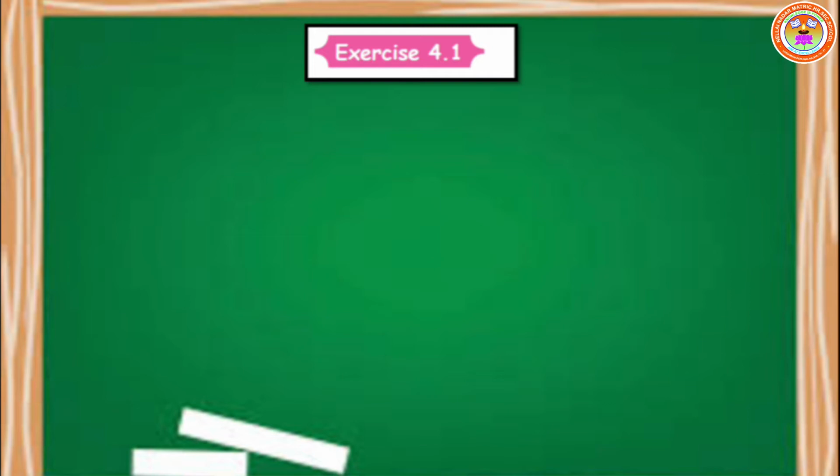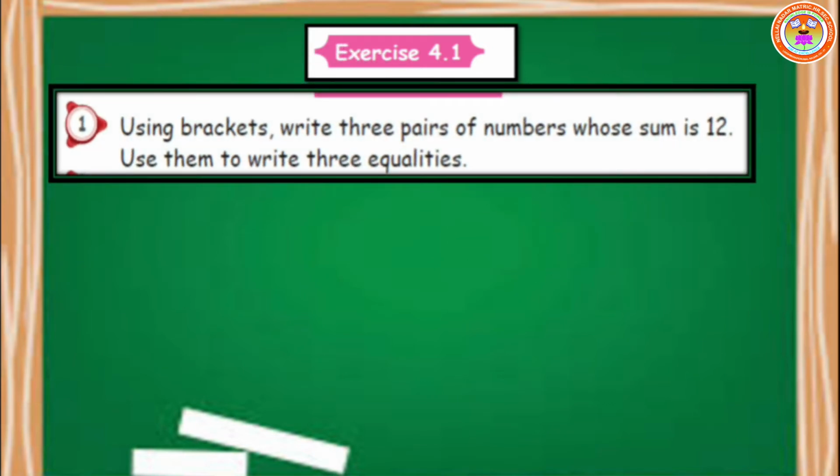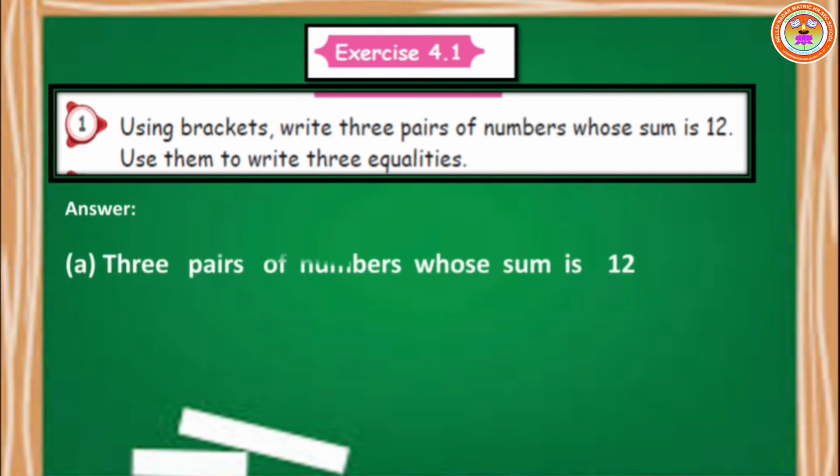Exercise problem 4.1. Read the first question. Using brackets, write 3 pairs of numbers whose sum is 12. Use them to write 3 equalities. Answer: 3 pairs of numbers whose sum is 12.